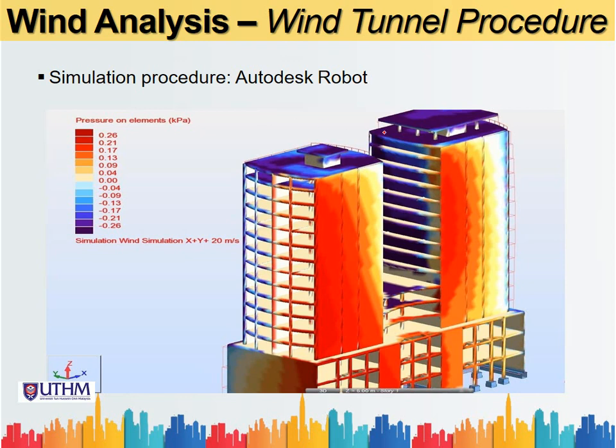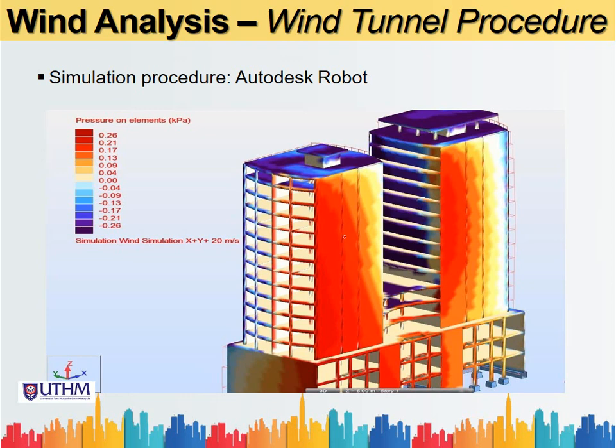Okay, so this is the example for the pressure from the wind tunnel analysis, okay, wind tunnel method. Okay, you can see here, this is the red color. Basically the red color shows the maximum stress lah. Okay, so the blue color is the less stress. Selalunya begitu. Tapi this color you boleh control, dia boleh control you nak color apa for the stress color.